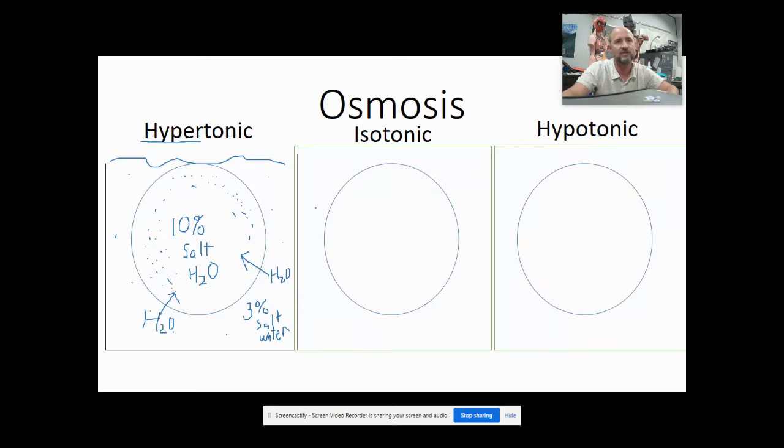And then what happens is it's trying to reach isotonic. So as water moves in here, I want you to picture that it turns into this cell. So now what happens is if this were to balance out, we have 13% total salt water here. If it were to balance out, it would be like 6%. Okay, it would go until it got to this, where now this is 6.5% salt water.